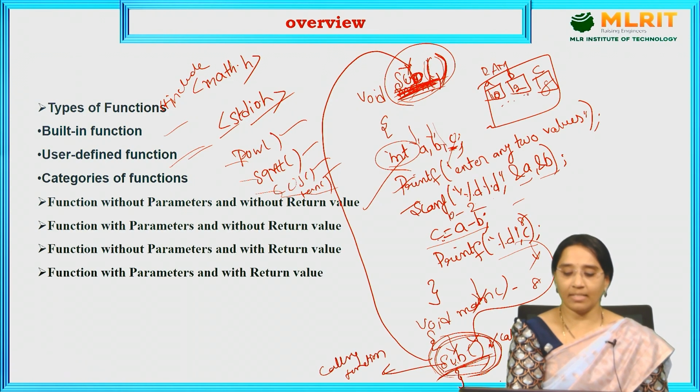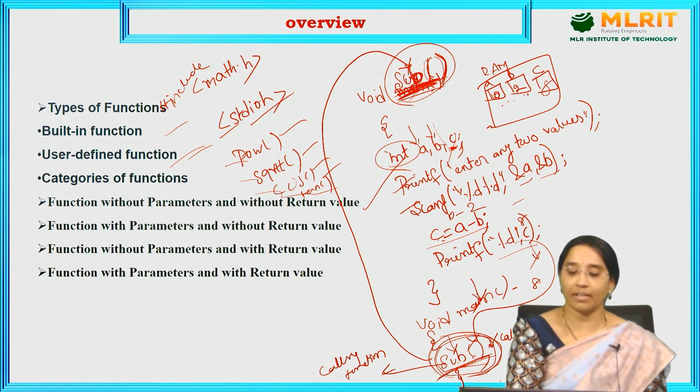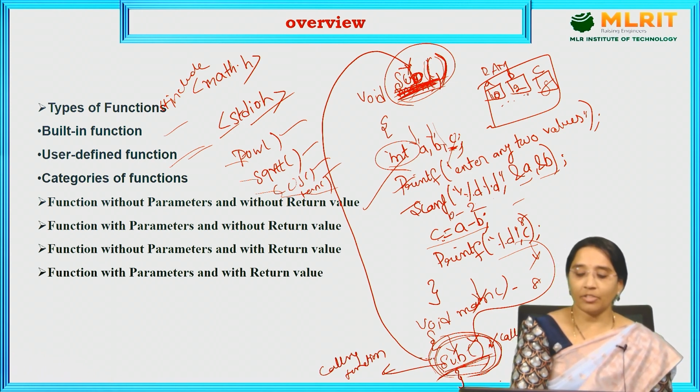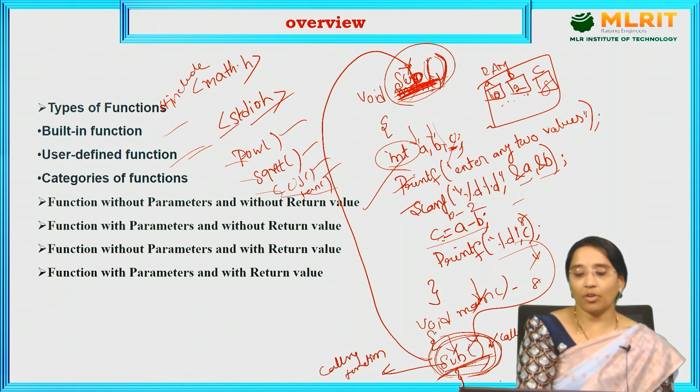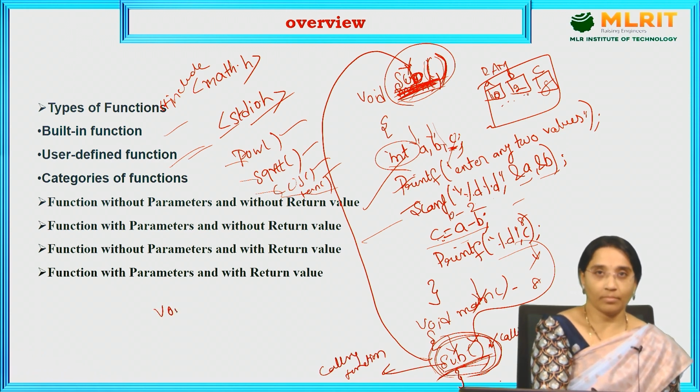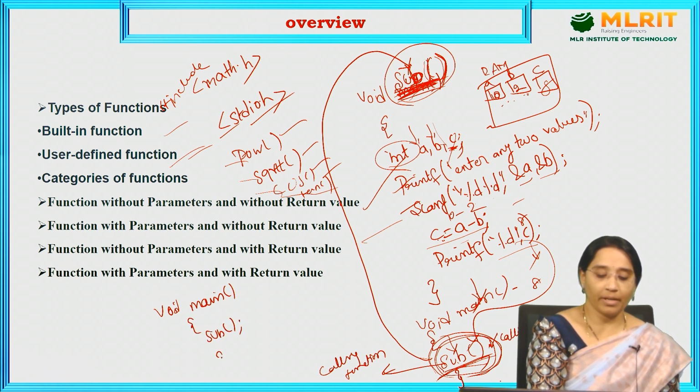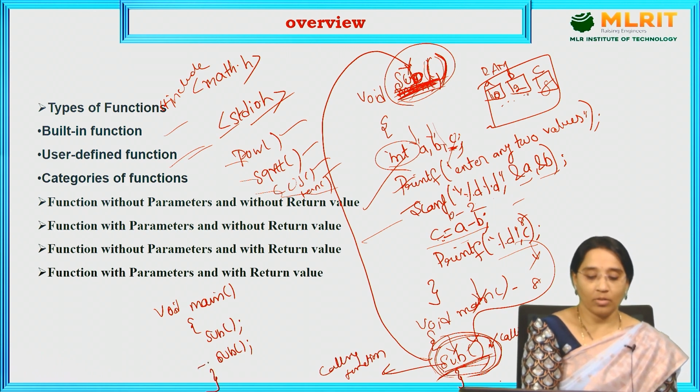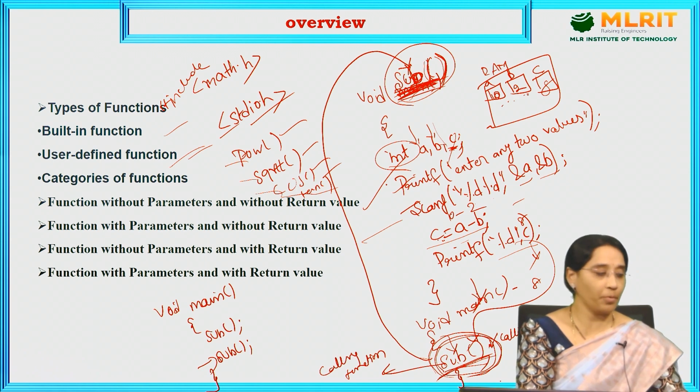Suppose in the last example, I called the function sub, and the control goes there and executes it. Suppose I write sub again. Sub is called one time, and for the second time I have written it again. So again the control will go there and execute that program.